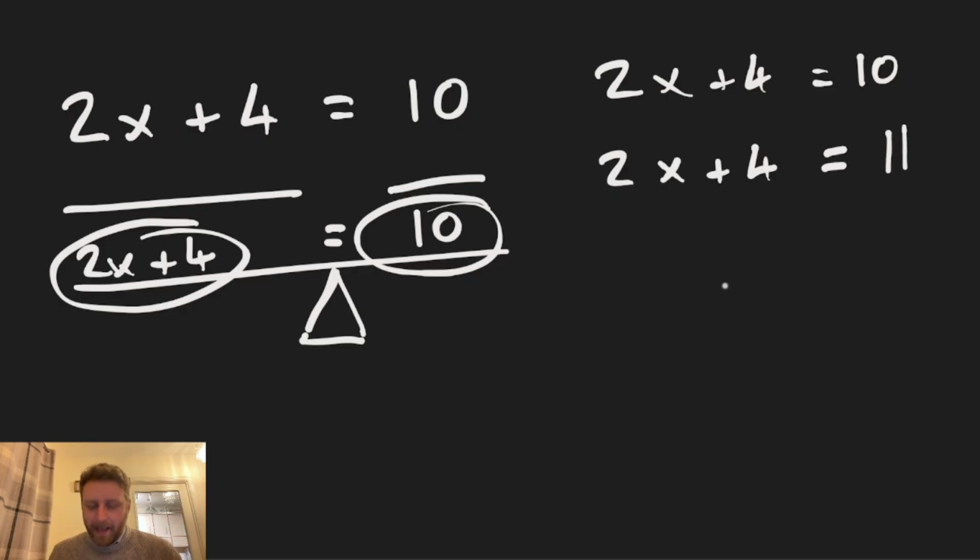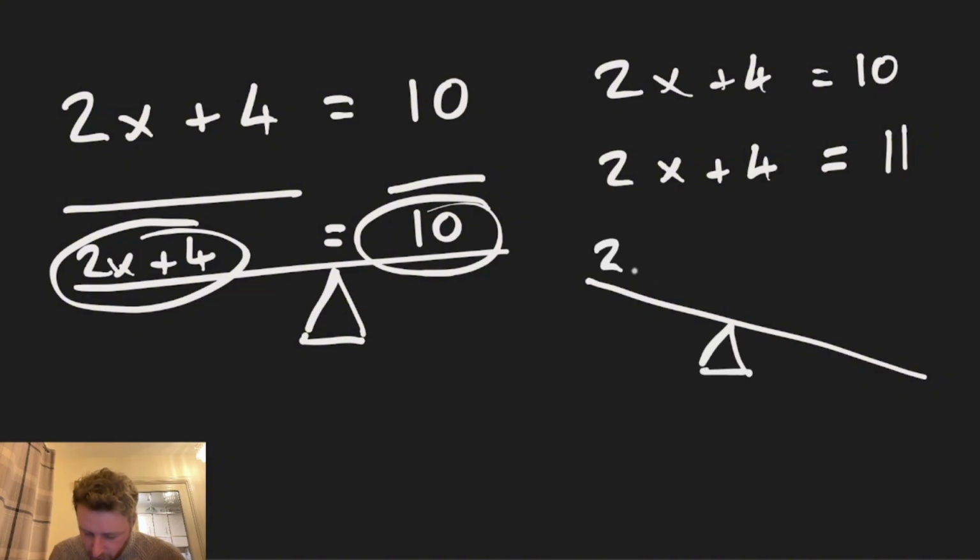But hang on a minute here, our seesaw is no longer in balance. So our 2x plus 4 is now lighter. We'll put our equal sign in, but we know that that's not true. It's now lighter than our 11. So the 11 is effectively weighing down that side of the seesaw. So what we need to remember is that everything we do to one side of the equation, or the seesaw in this case, we have to do to the other side of the equation.